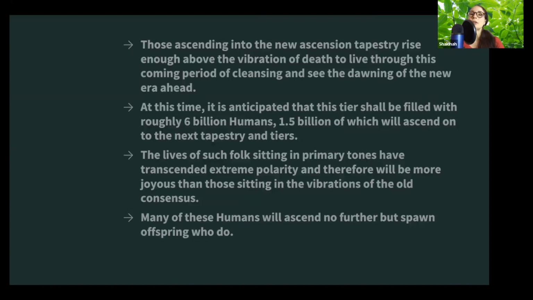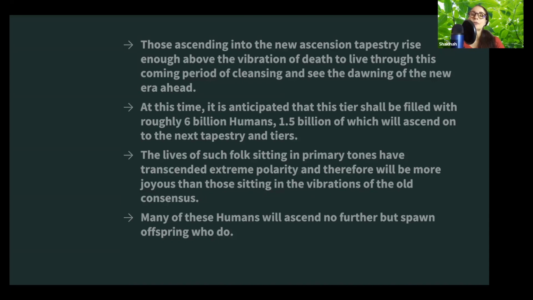Those ascending into the new ascension tapestry rise enough above the vibration of death to live through this coming period of cleansing and see the dawning of the new era ahead. At this time, it is anticipated that this tier shall be filled with roughly 6 billion humans, 1.5 billion of which will ascend onto the next tapestry and tiers.